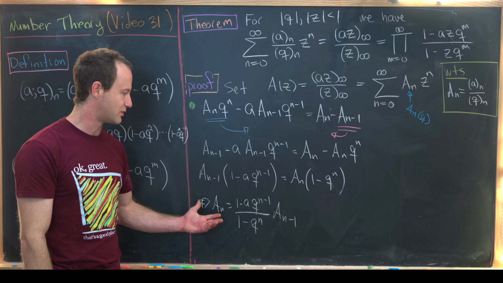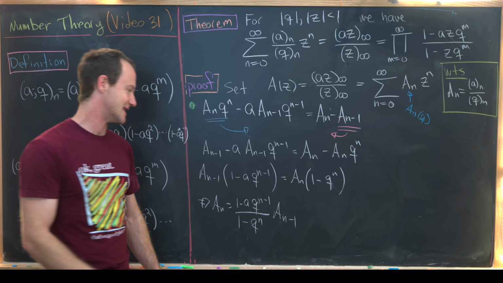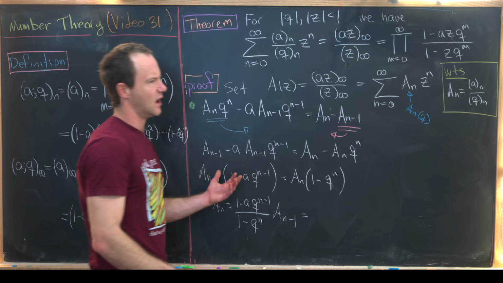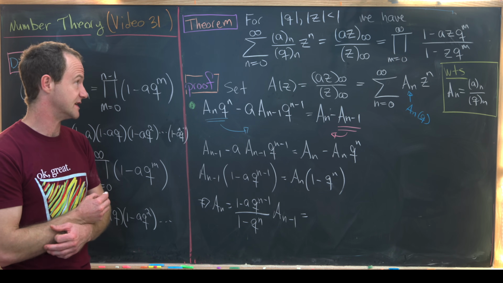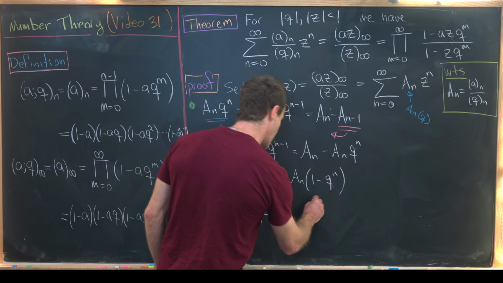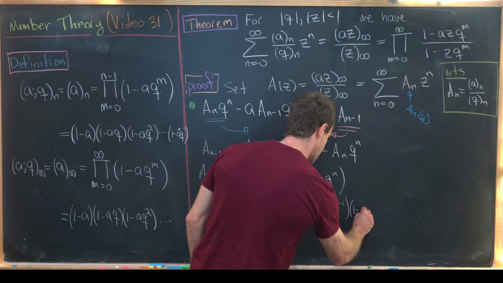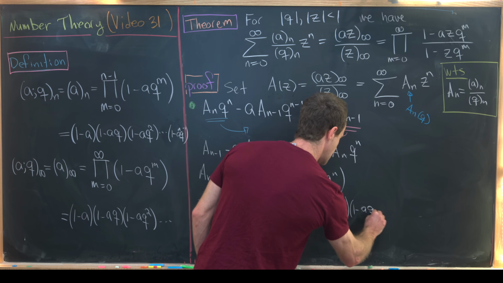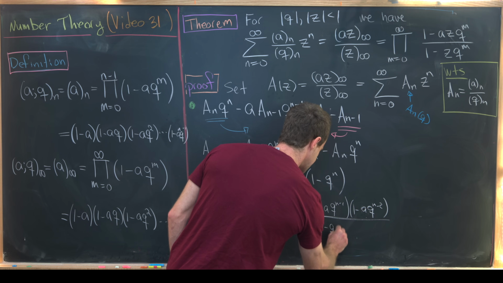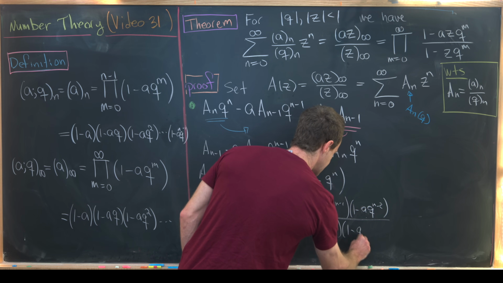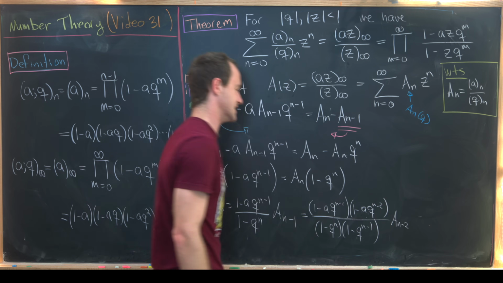But now we can just apply this over and over and over again until we get down to a0. So let's do maybe a couple of steps of that explicitly, and then I think the pattern follows pretty easily. After one step, we'll have 1 minus a q to the n minus 1, 1 minus a q to the n minus 2 in the numerator, over 1 minus q to the n, 1 minus q to the n minus 1 in the denominator, and then a sub n minus 2.